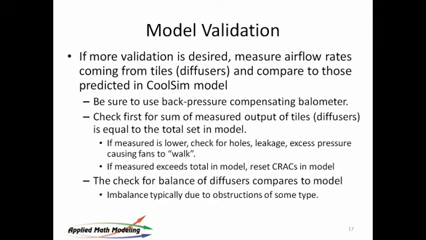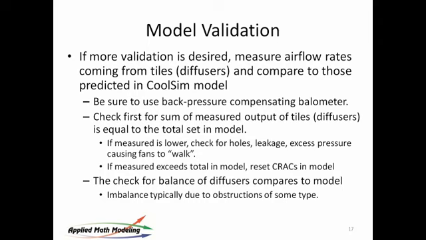And the first thing you want to do is to measure the total output of all of your outlets, diffusers, tiles, and make sure that they match what you've got in your model. And again, back to this issue of walking the fan curve, if what you measure doesn't equal what's being delivered by the spec on the fan, then there's an issue there, right, Liz?